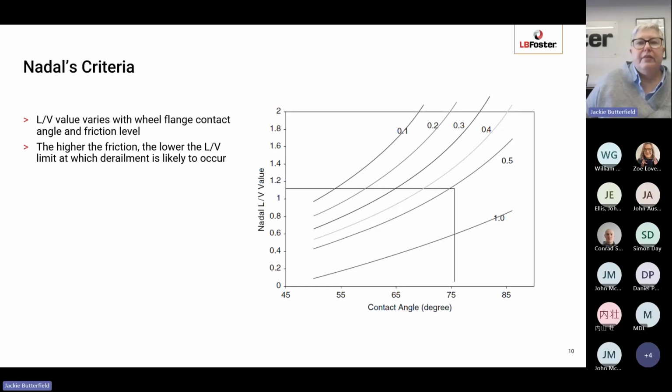So you can see the higher the friction, the lower the limiting value at which derailment will occur. So this is obviously where friction management comes in terms of reducing that friction. We reduce the risk of derailment because the L/V ratio is higher.